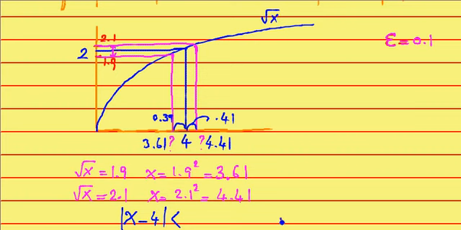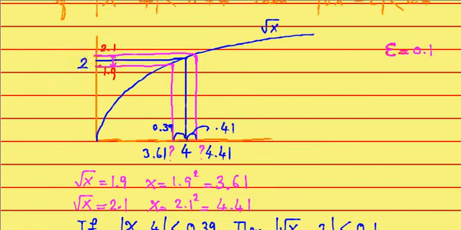So we want radical x minus the limit value 2 to be less than, well, we are allowing up or down by 0.1. So again, the answer turns out to be 0.39. So we say if x minus 4 is less than 0.39, then radical x minus 2 is less than 0.1.